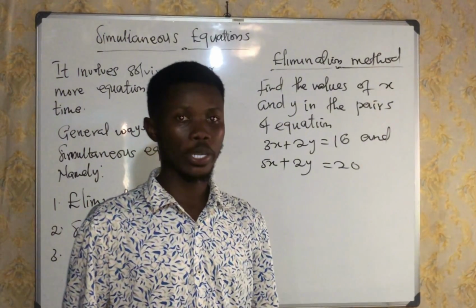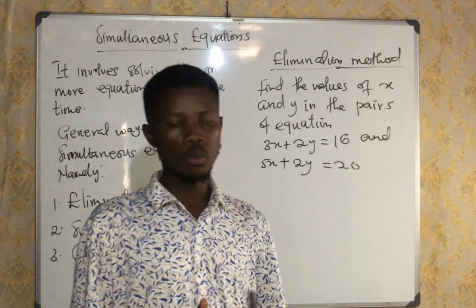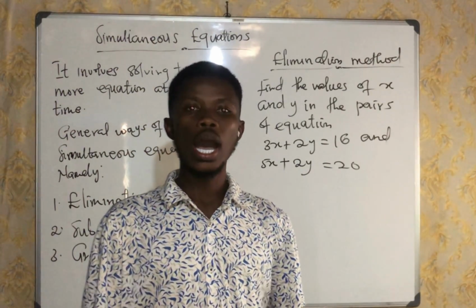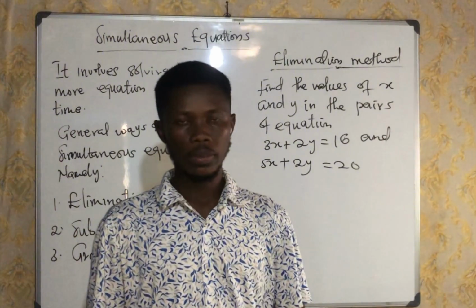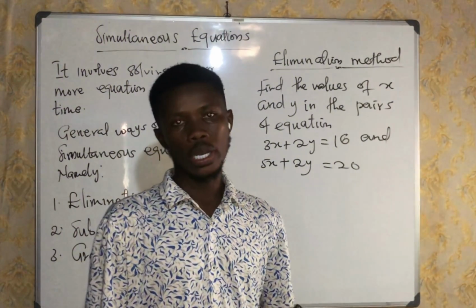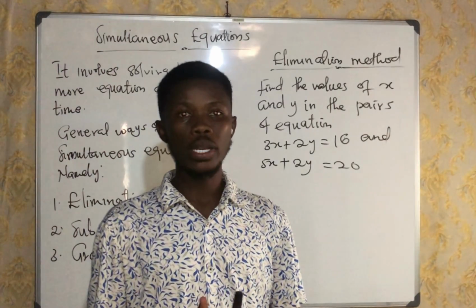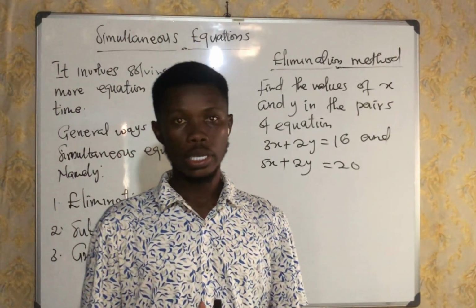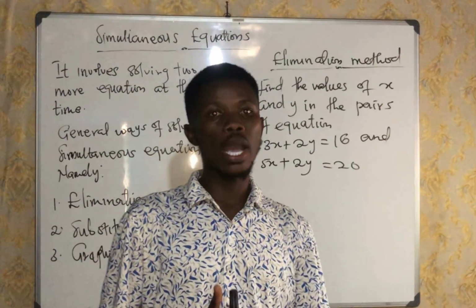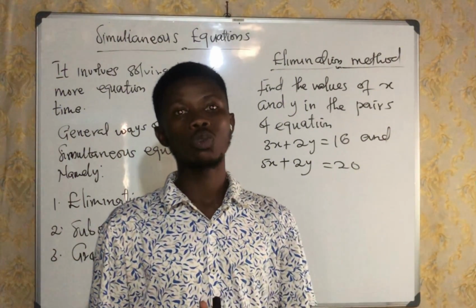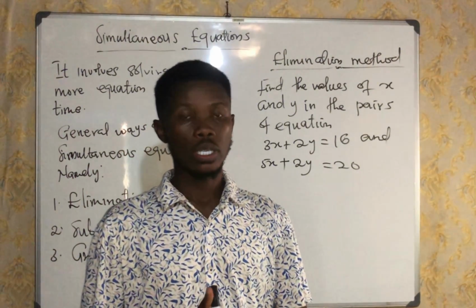The question here is, how do we eliminate? In algebraic expressions, we can only subtract or add when they are like terms. So for me to be able to eliminate, I have to make sure that one of the variables has like terms.